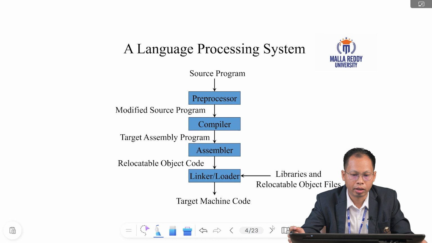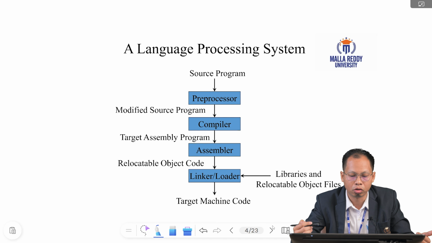If you look at the structure of a language processing system, usually it consists of these different tools. First, we have a source program, where the source program will go through the first tool, that is the preprocessor. The preprocessor will handle the directives and macros, and it will give a modified source program.